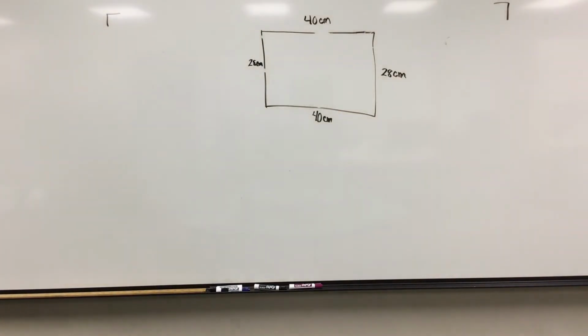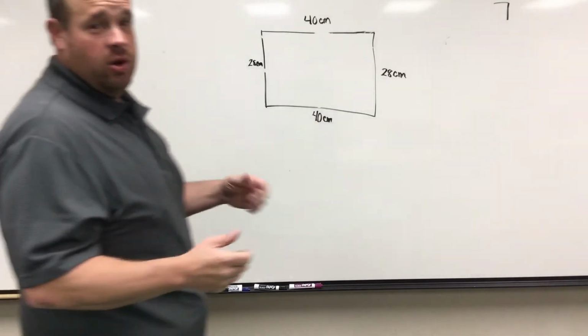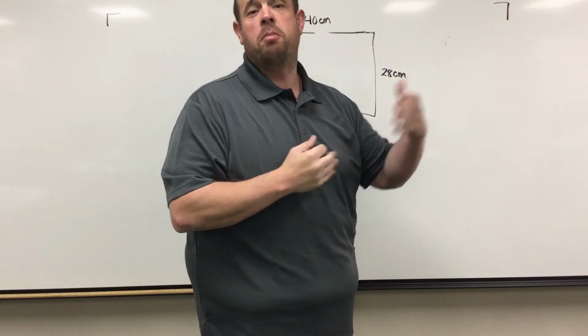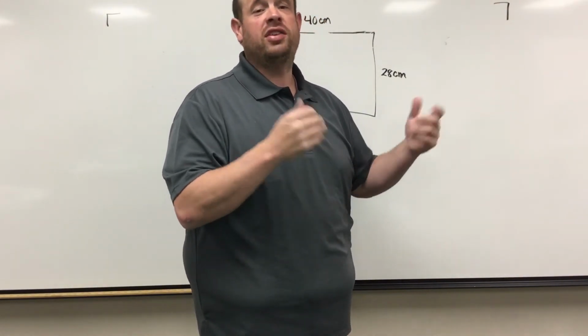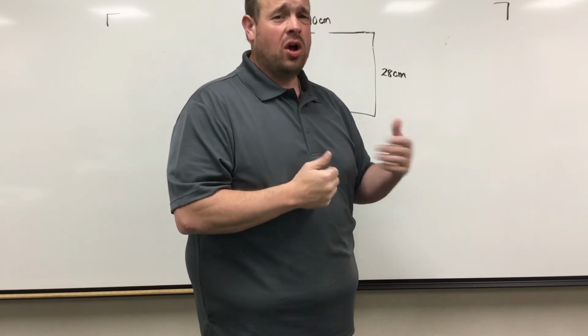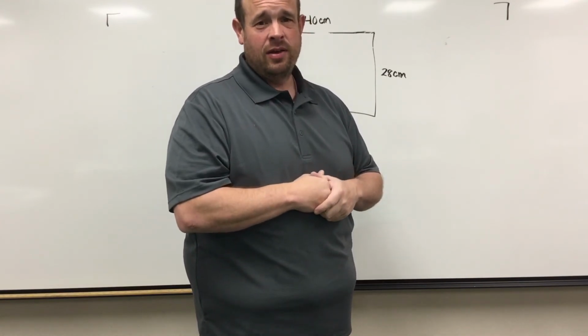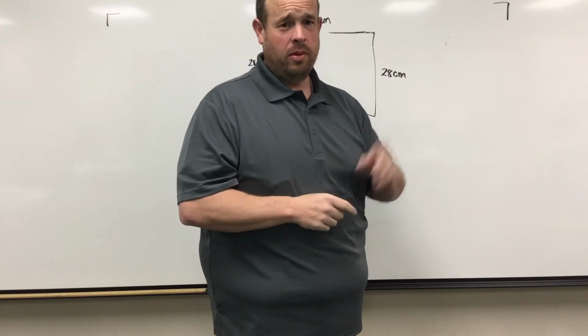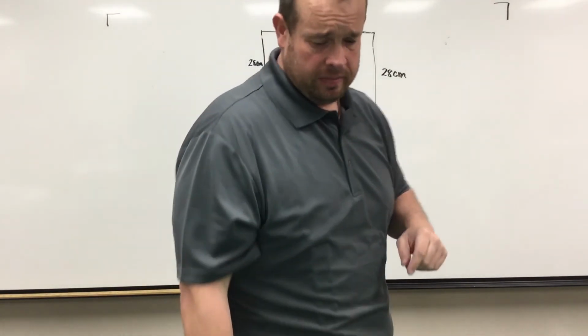Another option is if you have a favorite video game, you could measure the case around the video game. You could measure a box of cereal. Just try to start with something that is more of a rectangle.